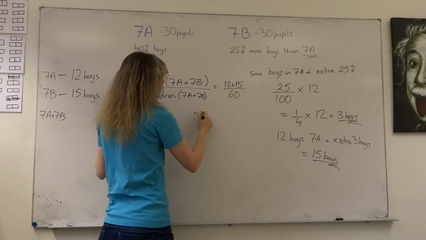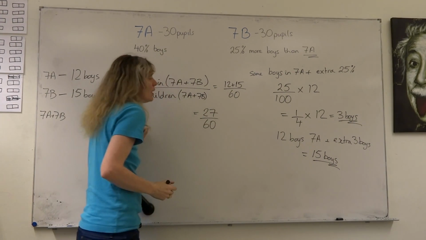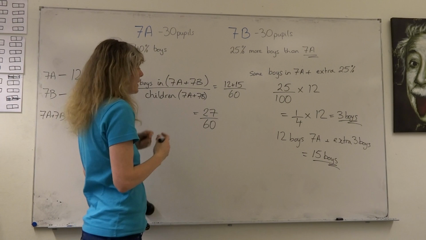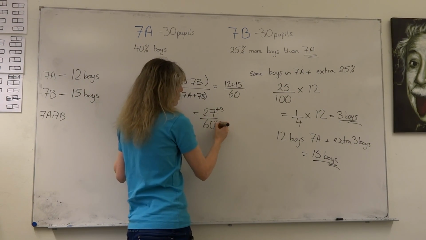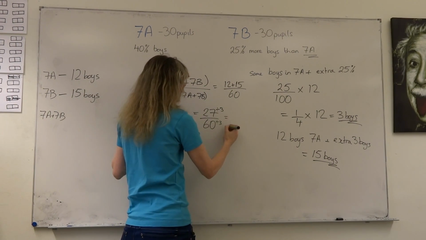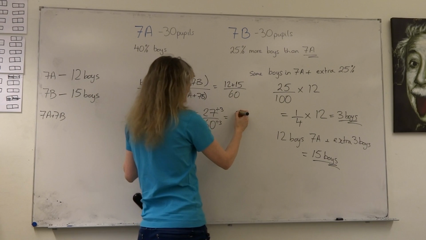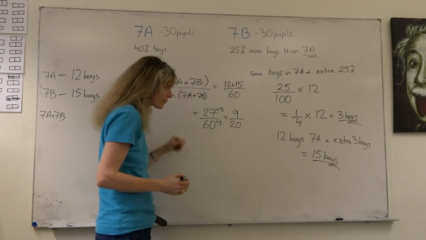So we then have 27 divided by 60, which looks complicated, but it isn't if we think of the fact that we could divide top and bottom by 3. 27 divided by 3 is 9 and 60 divided by 3 is 20.